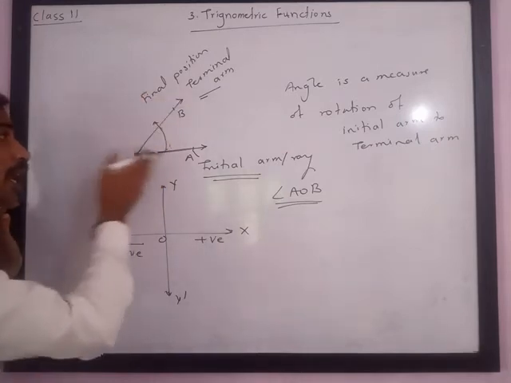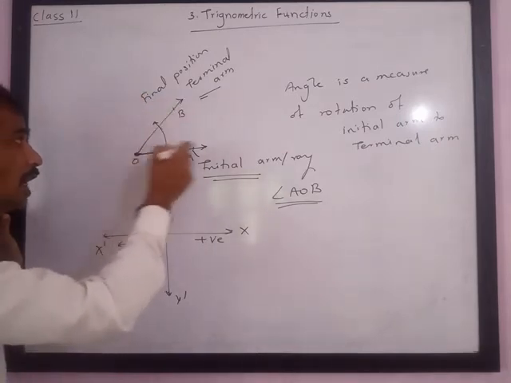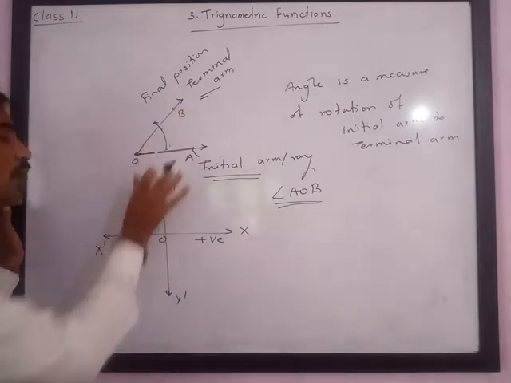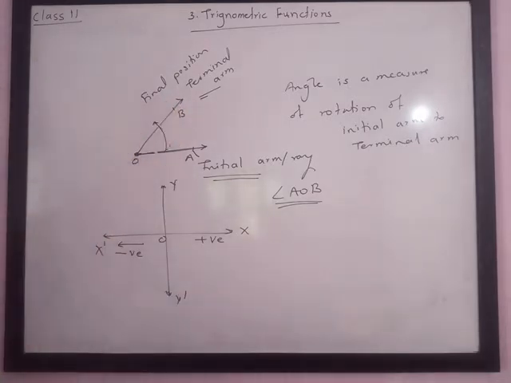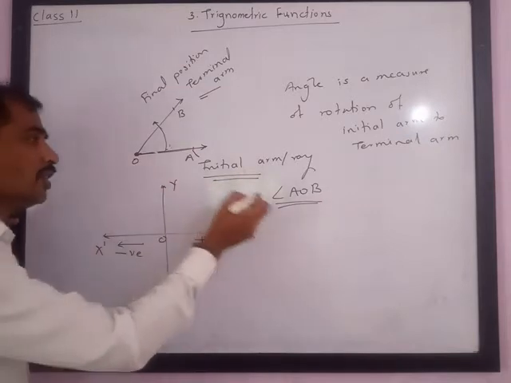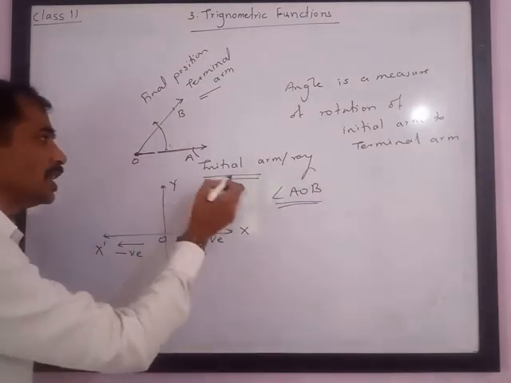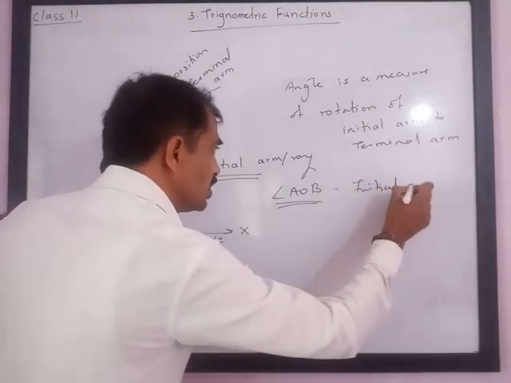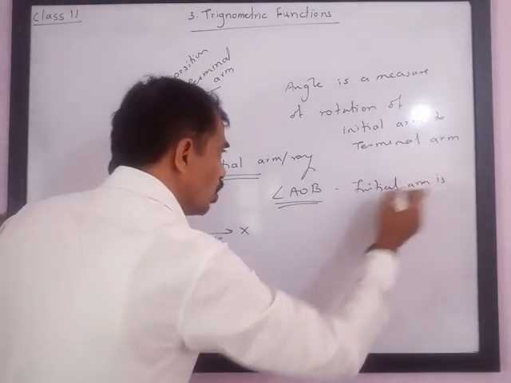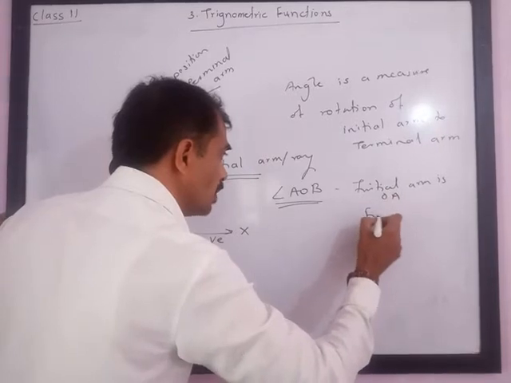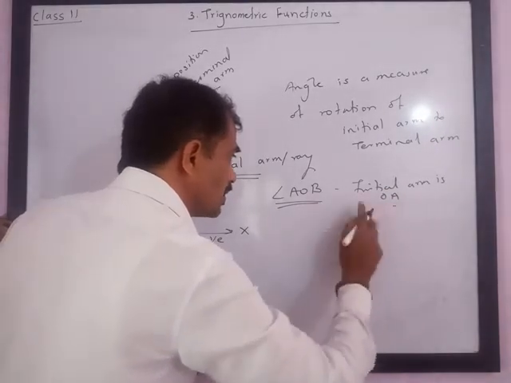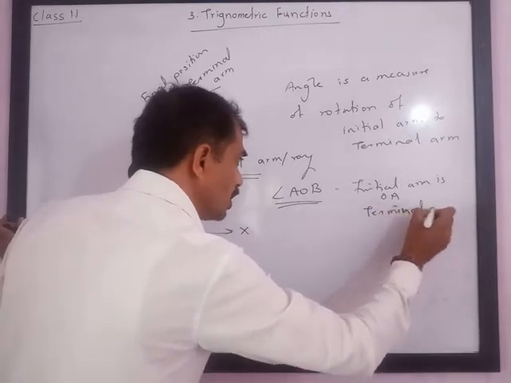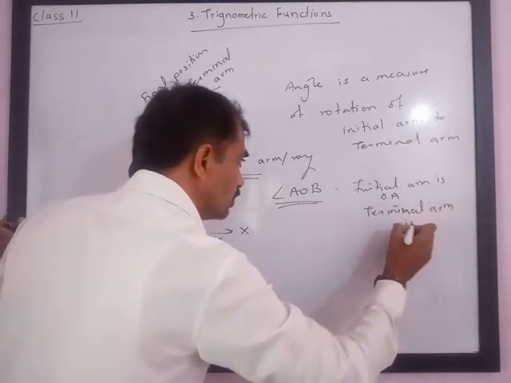When we talk about angle BOA, at that time OB is the initial arm and OA is the terminal arm. When we say angle AOB, it means the initial arm is OA and the terminal arm is OB.